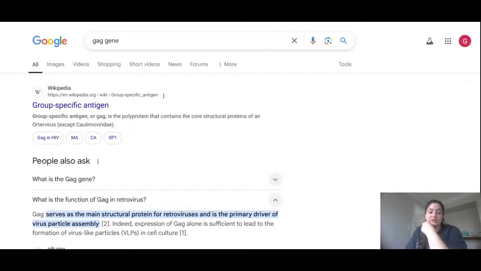GAG serves as the main structural protein for retroviruses and the primary driver of virus particle assembly.